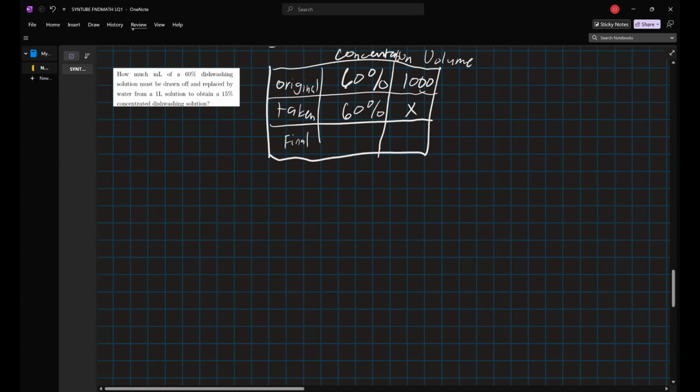So that would mean that the volume here is our X, and that our final concentration must be 15% dishwashing solution within 1000 milliliters of volume. Now, we basically have to create an equation so that we can solve for the value of X, right?